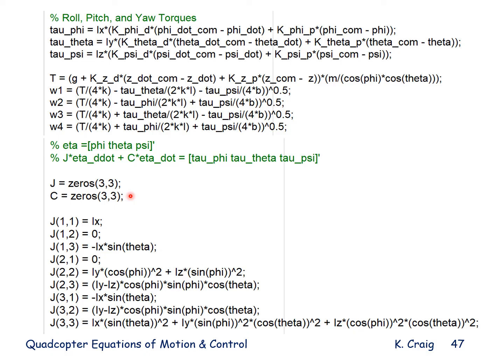And I initially set them to 0 to define the size of the matrices J and C. The 9 elements in the J matrix are given here. Again, the J value for the first row, first column is equal to IX, and so forth through the 9 elements of the J 3 by 3 matrix.